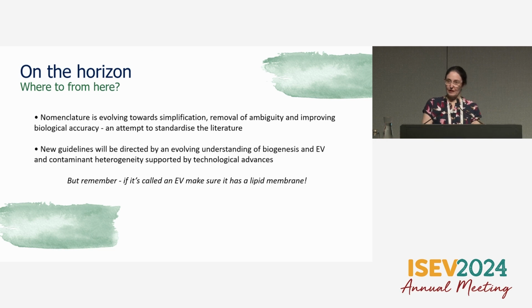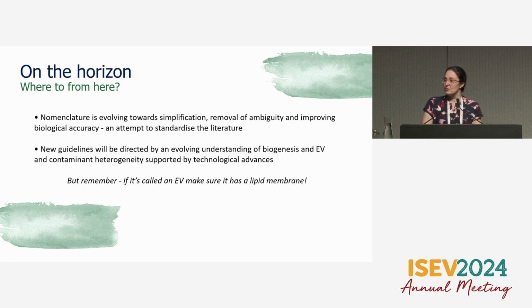So where to from here? What's on the horizon? The nomenclature, I think, is going to be constantly evolving. We saw that from the change from 2018 to 2023 with the drop of the small and large EVs. But this hopefully will simplify things, remove ambiguity, and improve biological accuracy, and also improve the quality of the publications that we're all making.